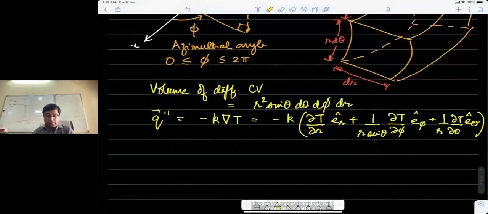Then we can decompose the flux into the three coordinates: q double dash r, q double dash theta, and q double dash phi.